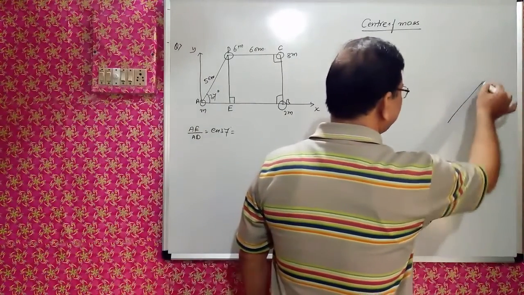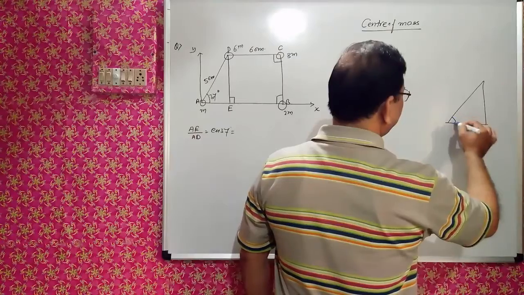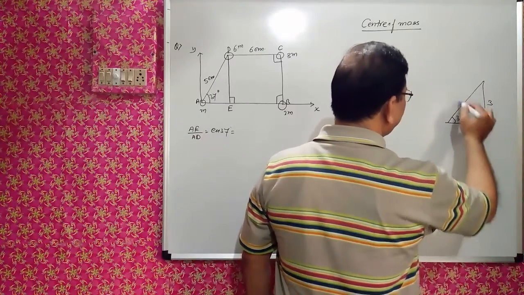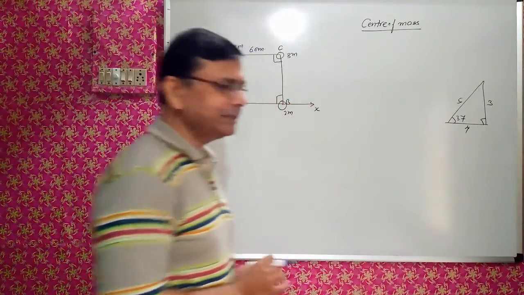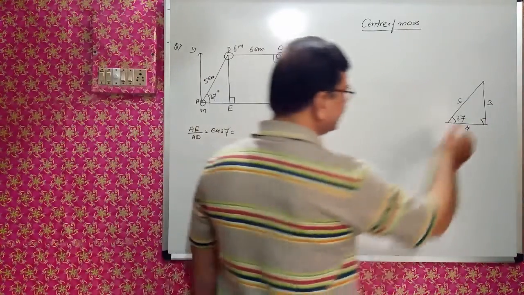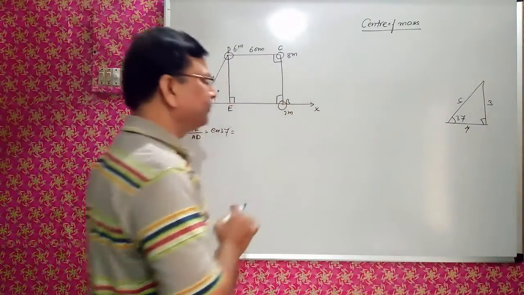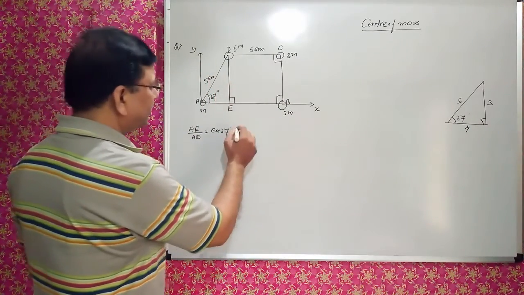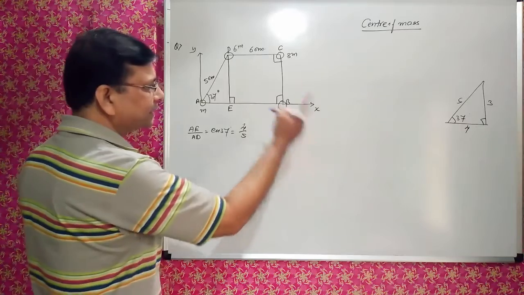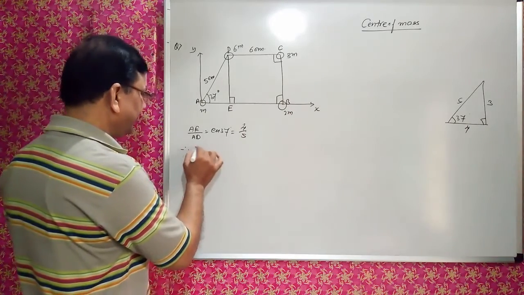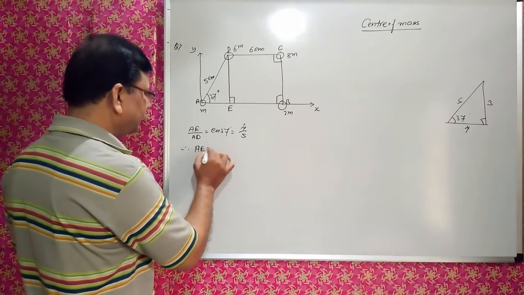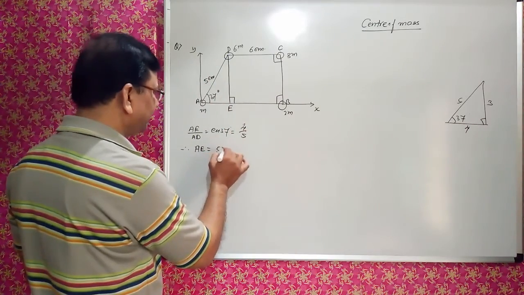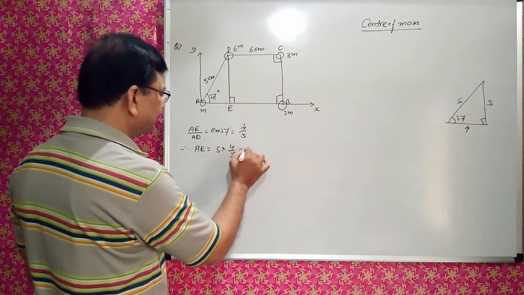If this is 90 degree, this is 37, that is 3, 4 and 5, the standard triangle for this kind of arrangement. So this is 5, then cos 37 is 4 by 5. Therefore AE is equal to AD into 4 by 5. AD is 5, so 5 into 4 by 5 is equal to 4.